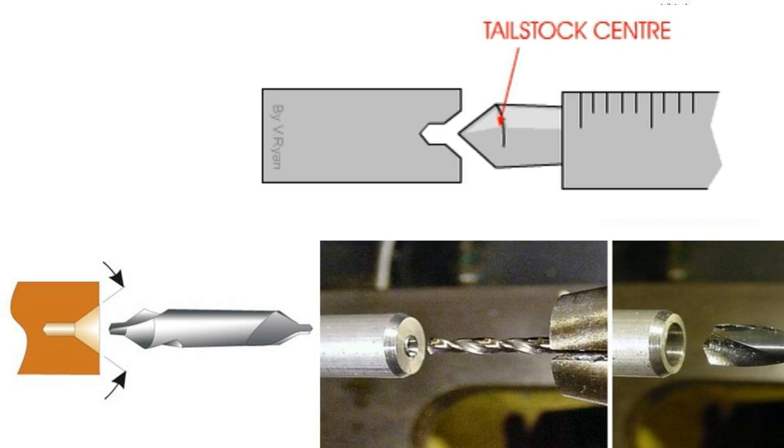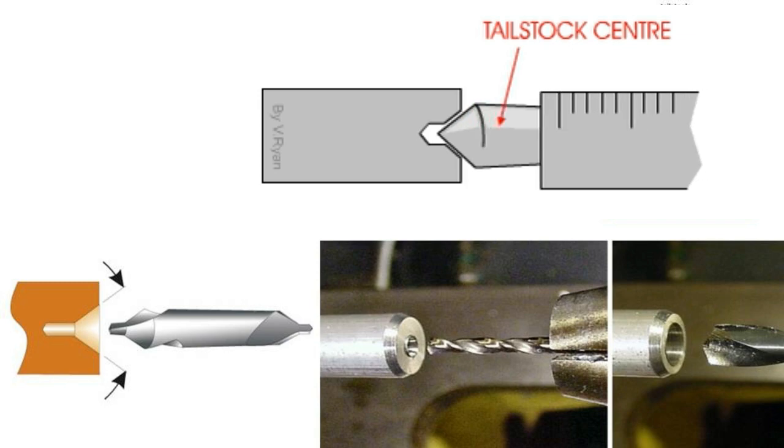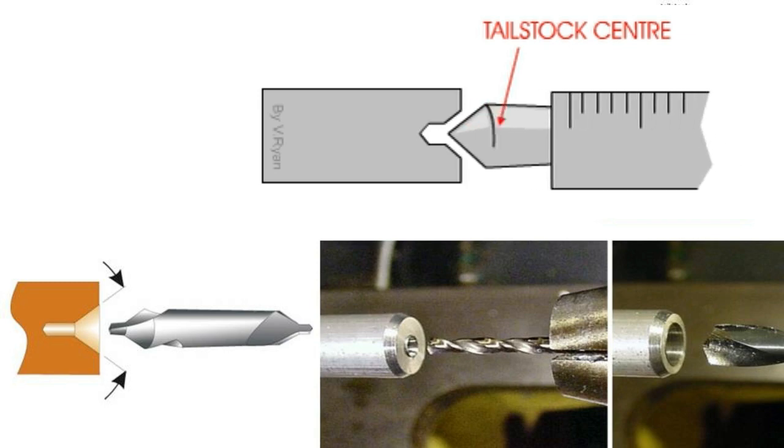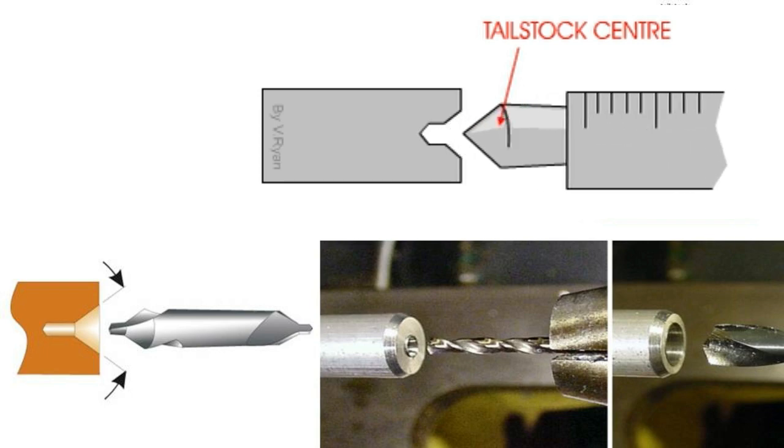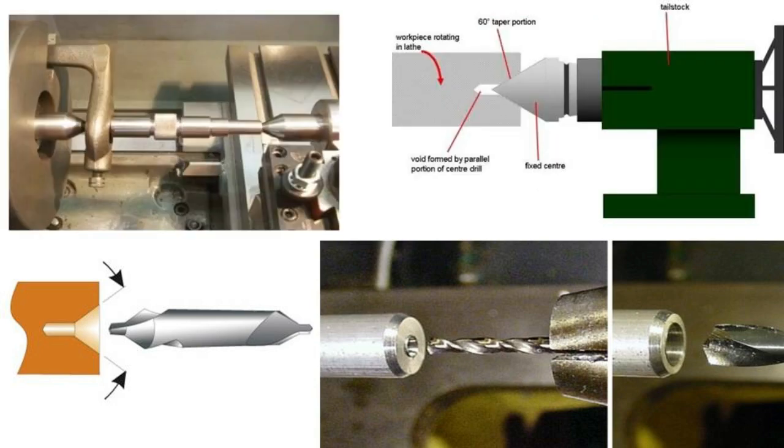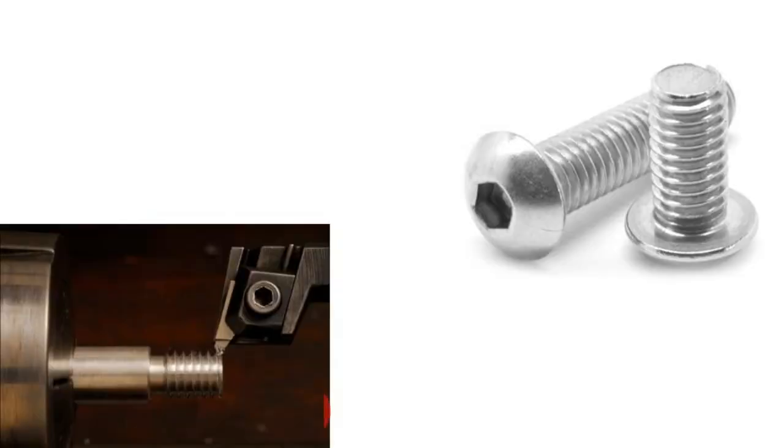A countersink type of drill bit is used instead of the normal drill bit used in normal drilling machines. The drill bit is aligned axially and introduced into the workpiece manually till a countersink hole is formed. This hole on either side of the workpiece helps in holding it in between live and dead centers. In order to create a large diameter hole, a large size twist drill bit is used after drilling the countersink hole.